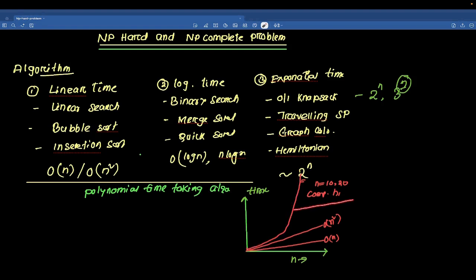In this type of algorithm, for a very small value of n, let's say n equals 20 or n equals 30, the execution time of the algorithm is too high, which is not possible to execute in real time. So there is always a tendency to find algorithms better than exponential time complexity.